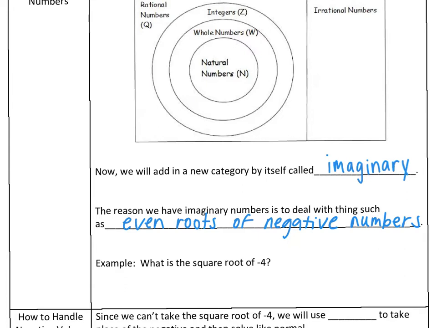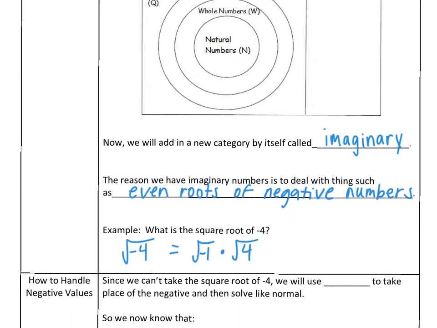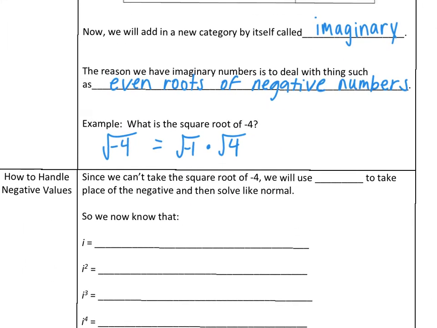So what is the square root of -4? Well, we know that looks like this in radical form, square root of -4. But then we know this is the same thing as square root of -1 times the square root of 4, correct? And just like we said in that other class, anybody remember what is the square root of -1? i.